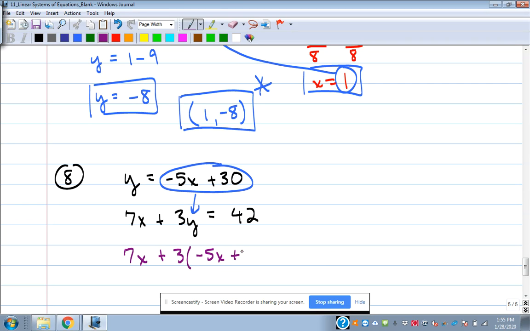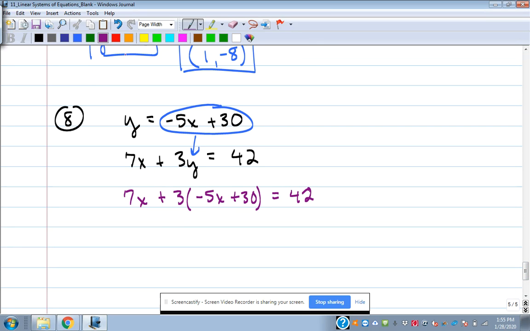Negative 5x plus 30. It's supposed to be equal to 42. And then I do the math there. Distribute: 7x minus 15x plus 90 is equal to 42. So it'd be negative 8x plus 90 equals 42. What's the next step?